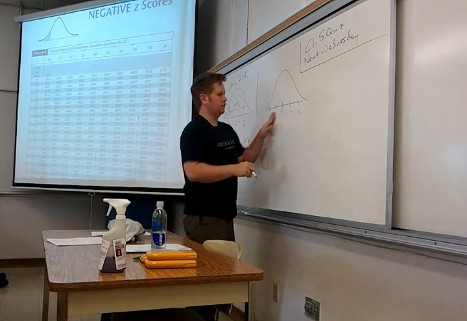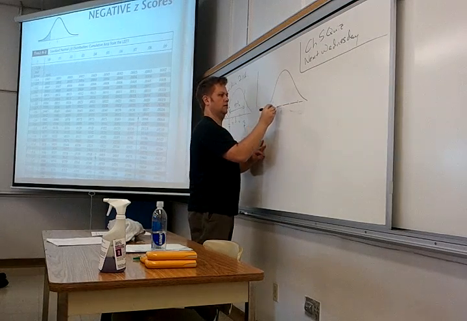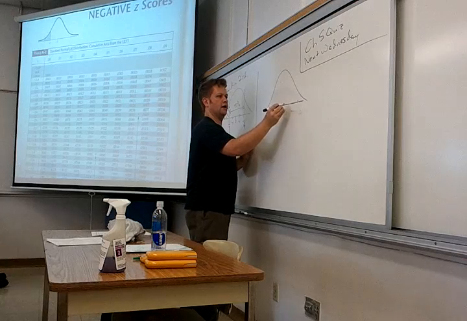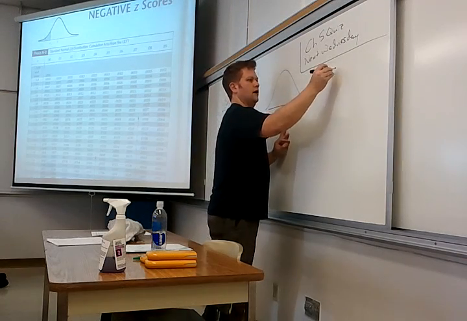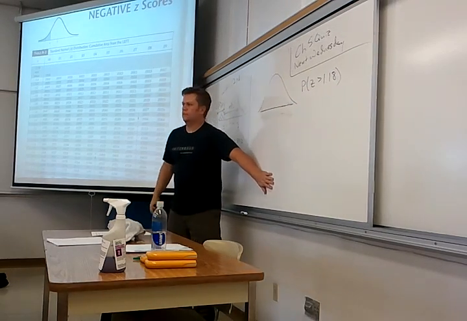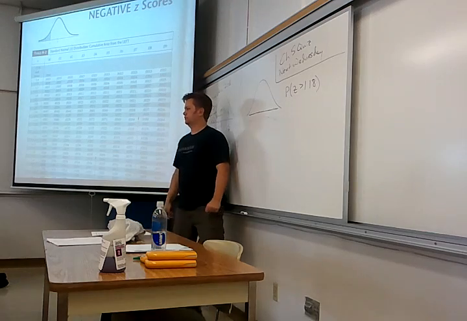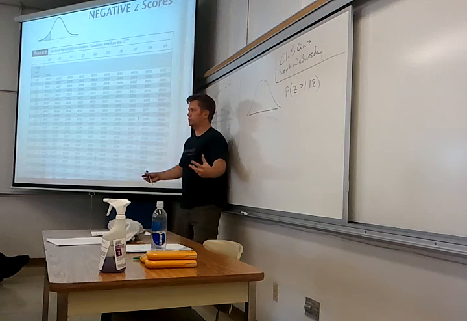So let's say I want to know the probability that z is more than 1.18. We currently can't do that, because the empirical rule is only good for 1, 2, 3. It can only handle whole numbers.